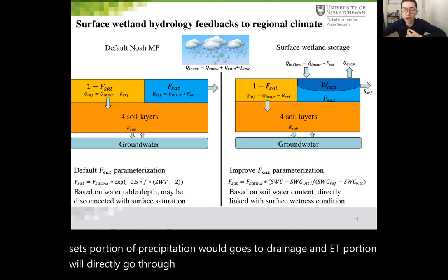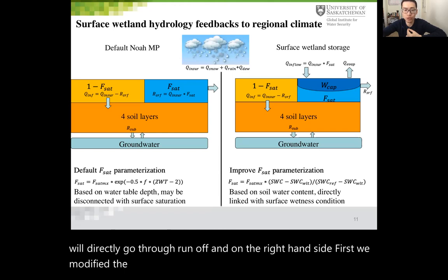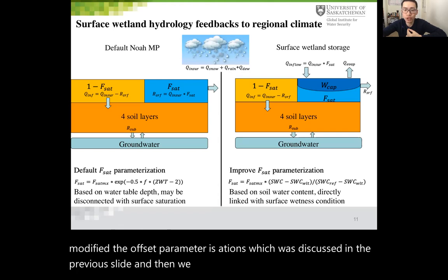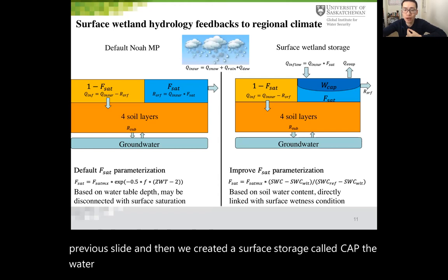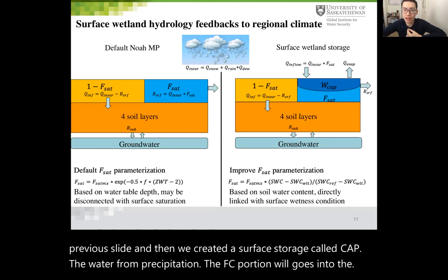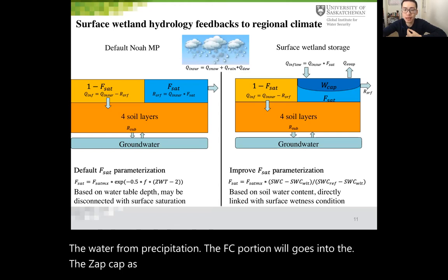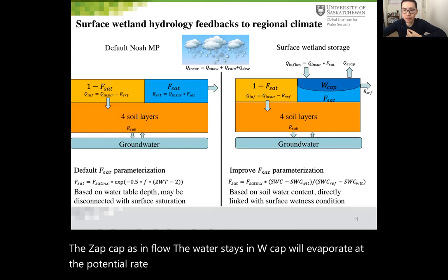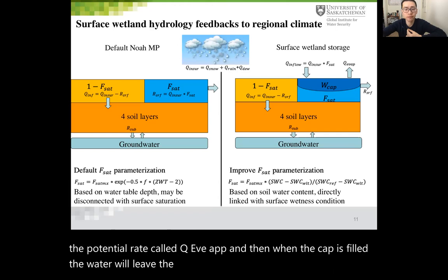On the right-hand side, first we modify the FSAT parameterization, which was discussed in the previous slide, and then we create a surface storage called WCAP. The FSAT portion of precipitation will go into WCAP as inflow. The water that stays in WCAP will evaporate at the potential rate called QEVAP. And when WCAP is filled, the water will leave the system as surface runoff.